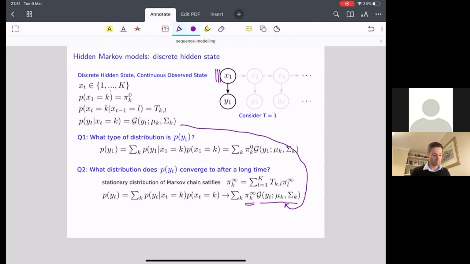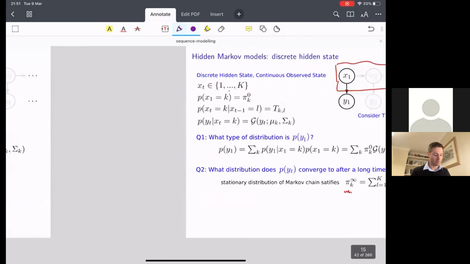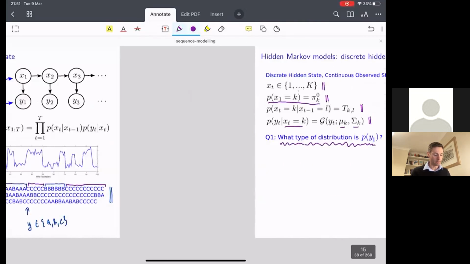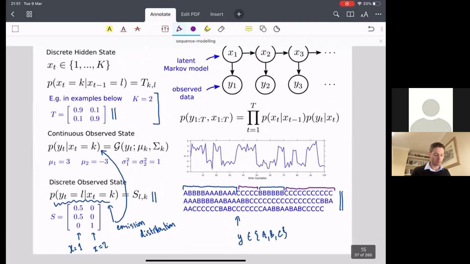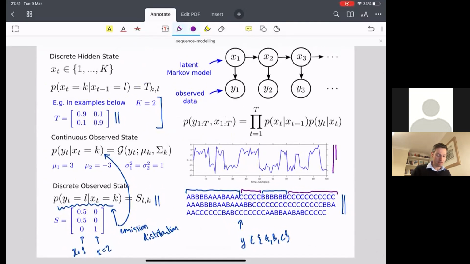If we go back to the example we met in the last video chunk, the cluster membership can be viewed as being persistent in time. You tend to belong to the same cluster over many time steps, with occasional switches from one cluster to another. And that's because this transition matrix tended to put you into the state you were in before with 90% probability and 10% of the time you switched.